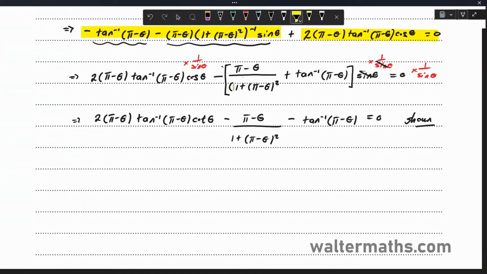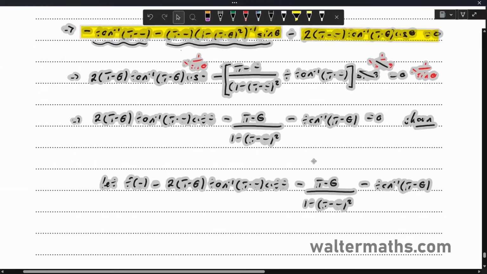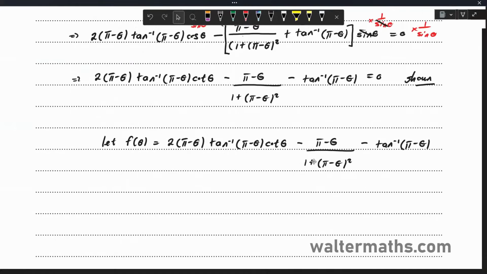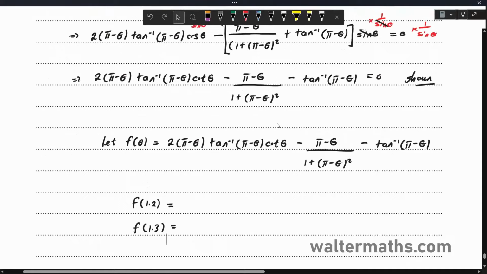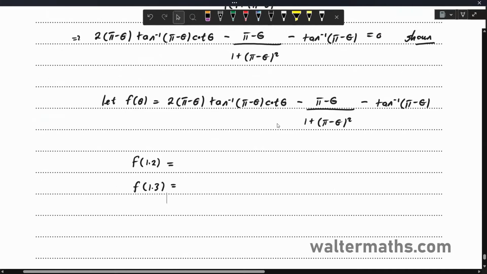Maybe we say let f of theta be equal to this thing here, and then we will do f of 1.2 and see what we get. And we'll also do f of 1.3 and we substitute into theta, okay? And you should make sure that you are in radians.